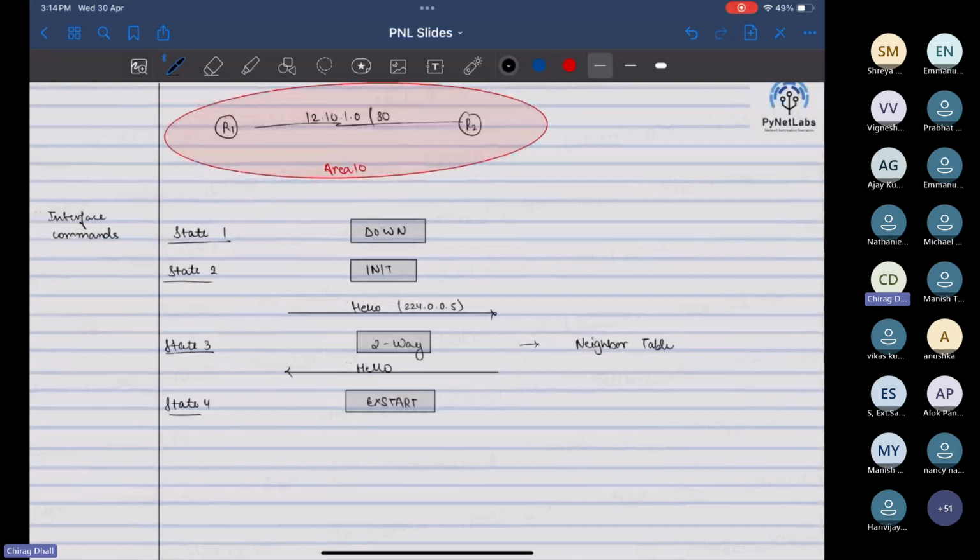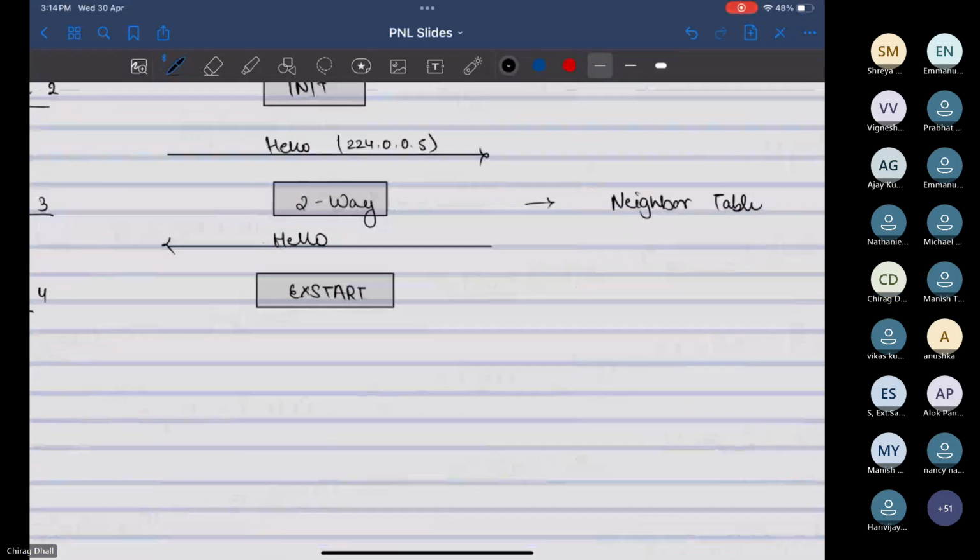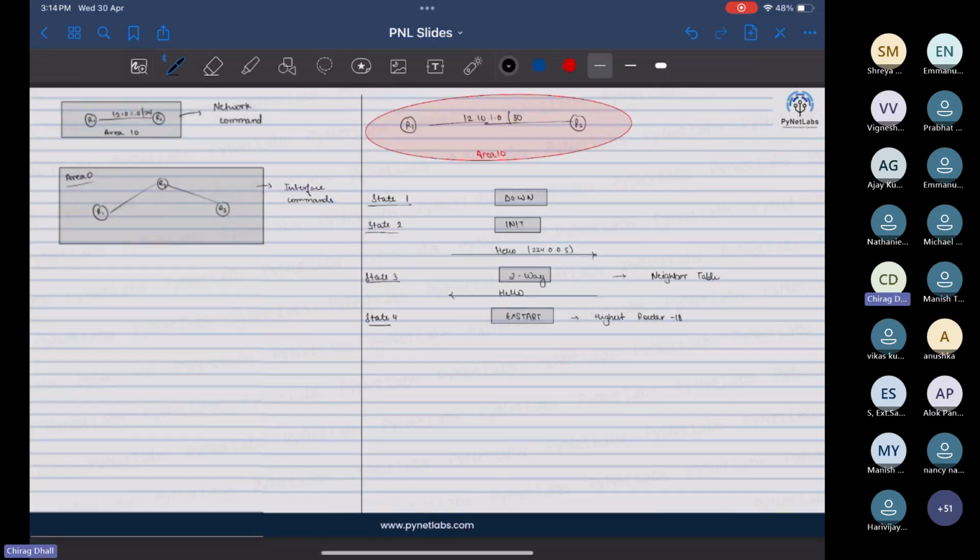Basically, we decide who will send the routing details first, whether R1 will send the routing details first or whether R2 will send the routing details first. That election takes place here, and that election takes place on the basis of the highest router ID. I'll tell you how router IDs are configured.